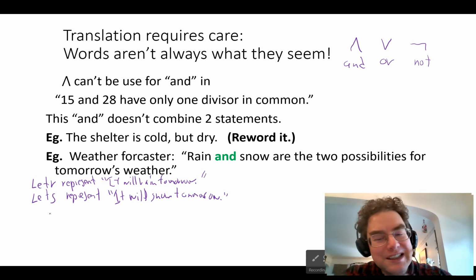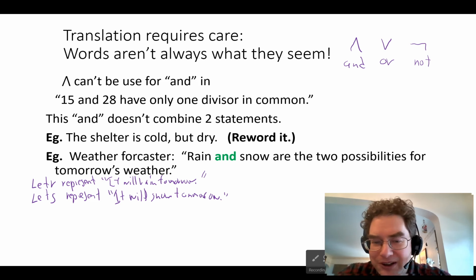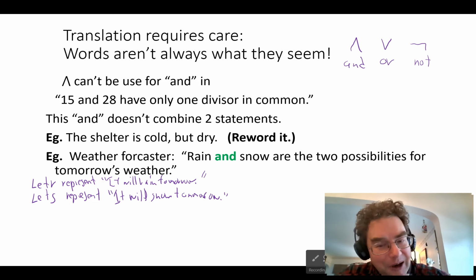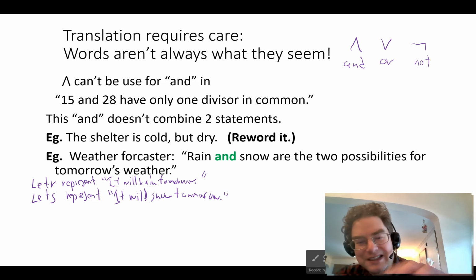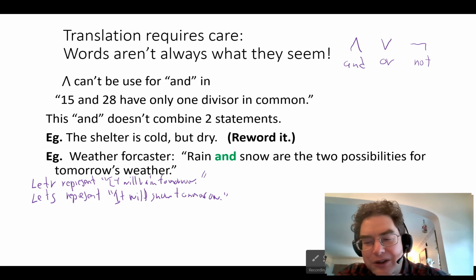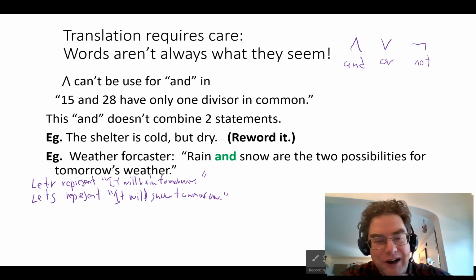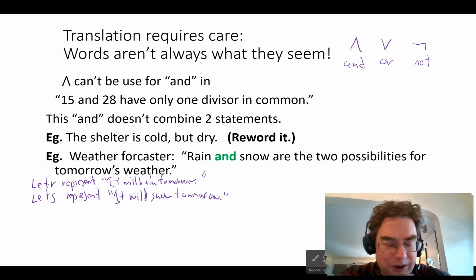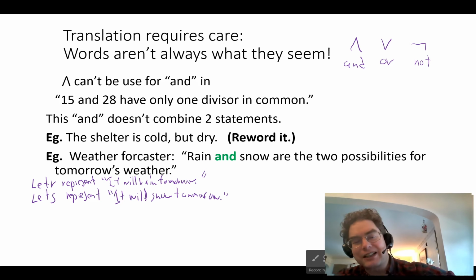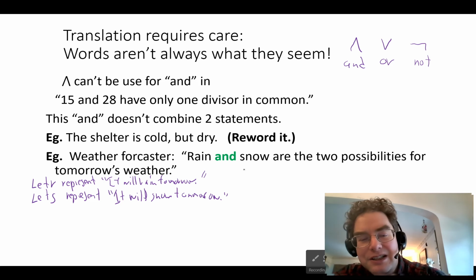I don't know about you, but I see a disjunction there. What's this really saying? In plain, simple wording, logical kind of form, it will rain tomorrow or it will snow tomorrow is basically what it's saying. And you could maybe get a conjunction there as well, something like, and there are no other possibilities for what kind of weather we'll have tomorrow. But I think the basic meaning of it is a disjunction, even though it uses the word and.